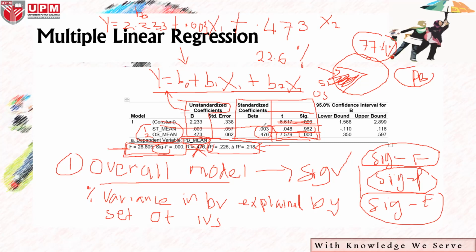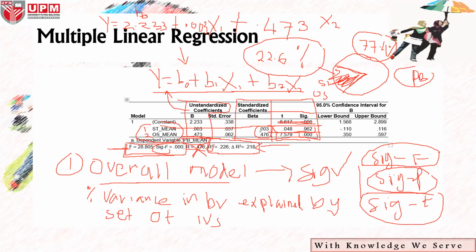Now, after we know that organizational support significantly influences our DV, we want to know how much it influences the DV. So back to this pie chart. Earlier, overall, the two variables explain 22.6% of variance in philanthropic behavior.